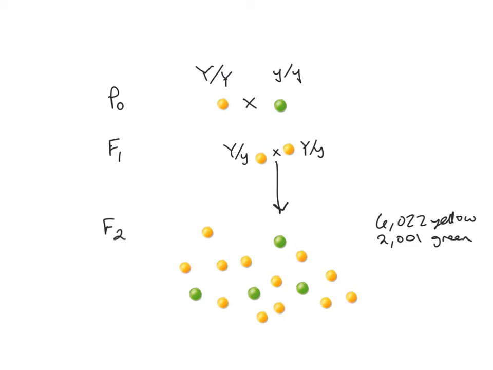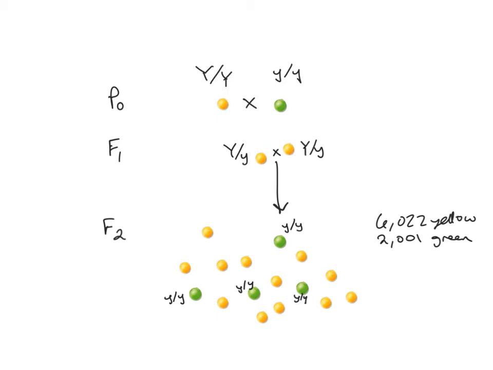One important thing we've learned in the over 100 years since Mendel first conducted these experiments is that it's possible to predict the genotypes of some of these F2 individuals. For example, we know that every green pea has to be homozygous for the recessive allele.